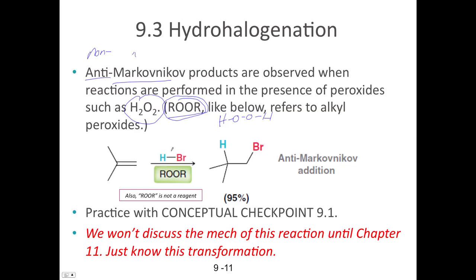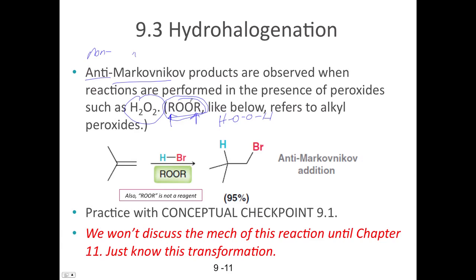But you don't have to use hydrogen peroxide. Peroxides are used in this reaction to effect the anti-Markovnikov addition. But you can also use alkyl peroxide. The R just means your alkyl group. So you can use ethyl peroxide or tert-butyl peroxide or isopropyl peroxide to do this overall transformation, okay?